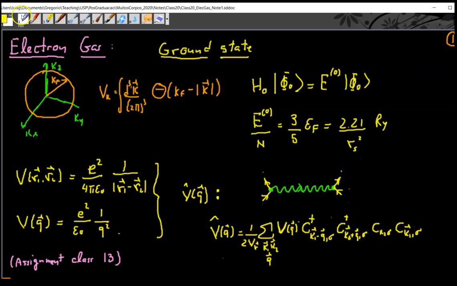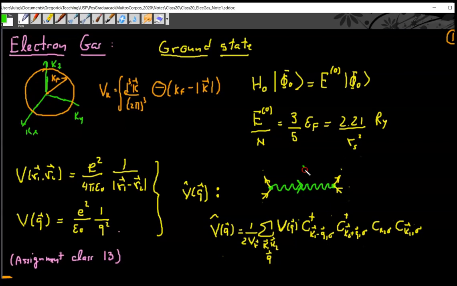So if I assign a momentum Q to my interaction, and I choose it to be going this way, that would be a momentum Q here.